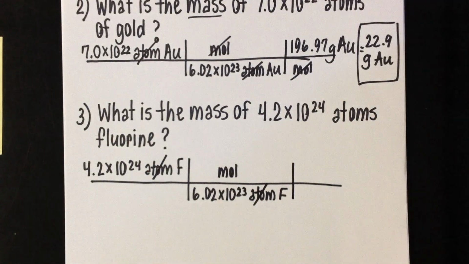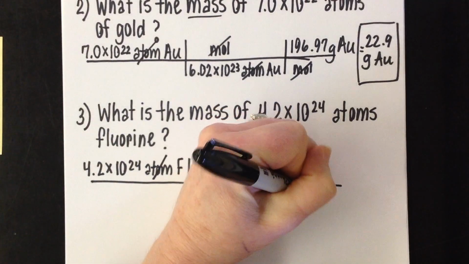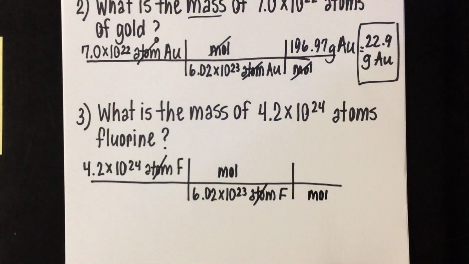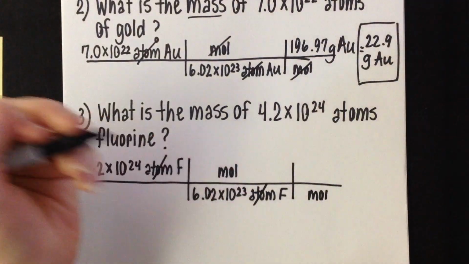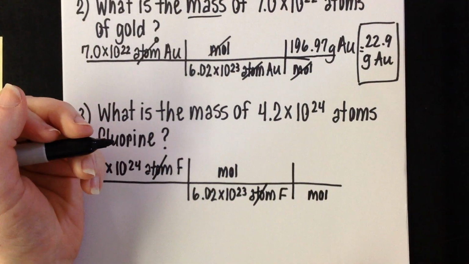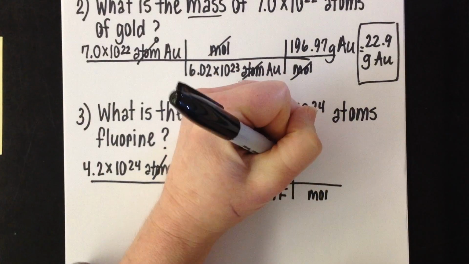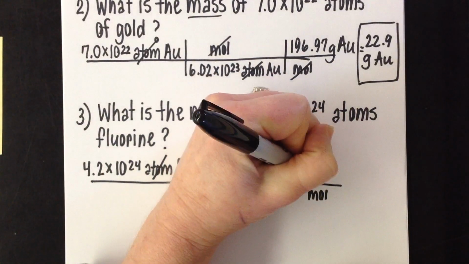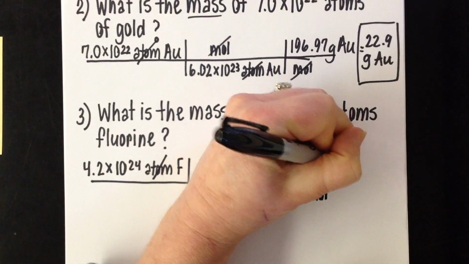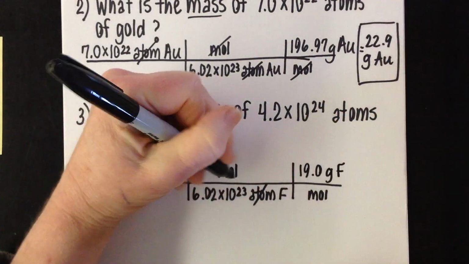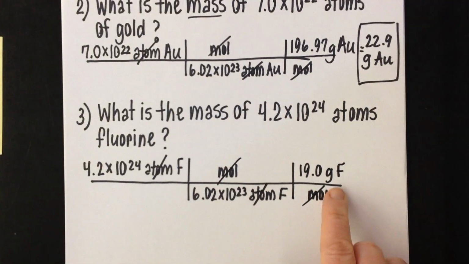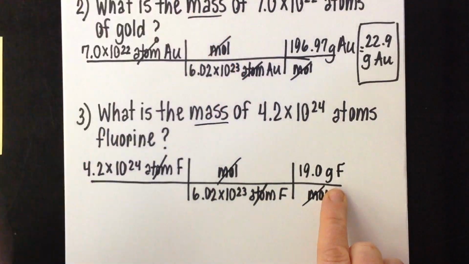I'm in moles. Where can I go? Well, I happen to know that 1 mole of fluorine has a mass of 19.0 right here on the periodic table. You're probably finding that that periodic table's something you want to keep close by now because we use it all the time. So you have 19.0 grams of fluorine per mole. You say, okay, I've got grams on top. They ask me to find mass.